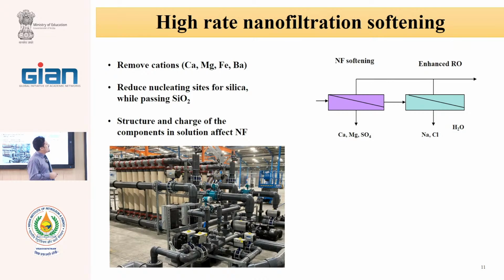In RO membranes, if we use only RO without NF, the recovery will be 60. But with NF and separation of the scaling agents, calcium and magnesium, we can reach a recovery of 80 or 90%. Therefore, in some cases, NF is used as a pretreatment of RO.